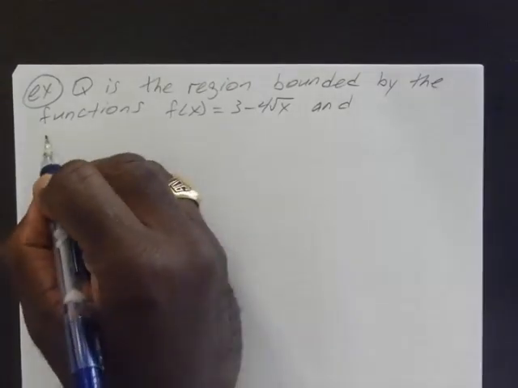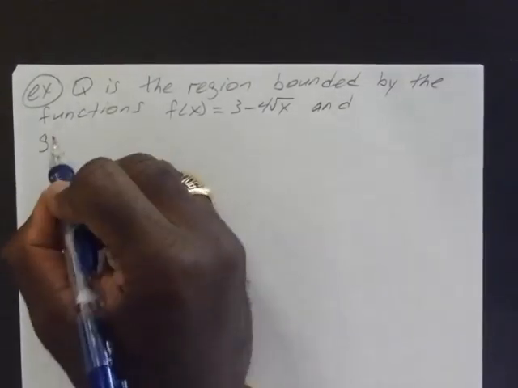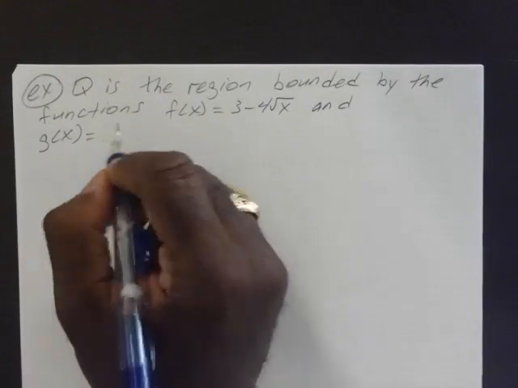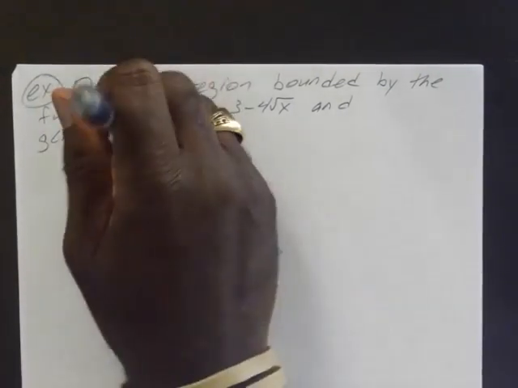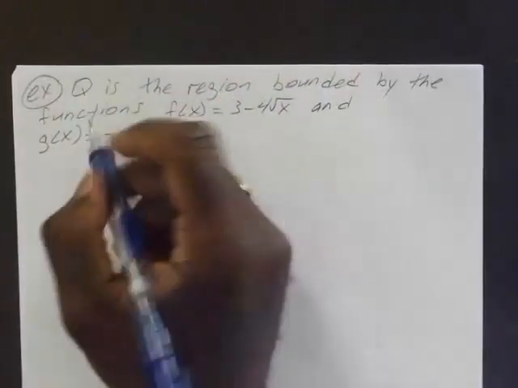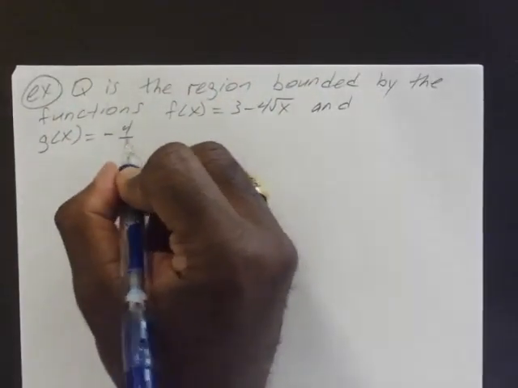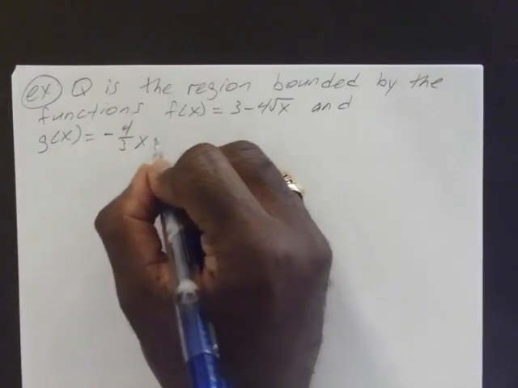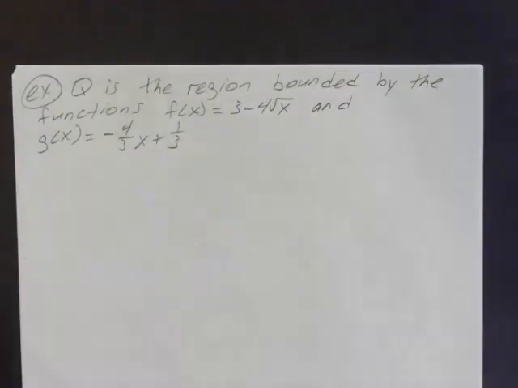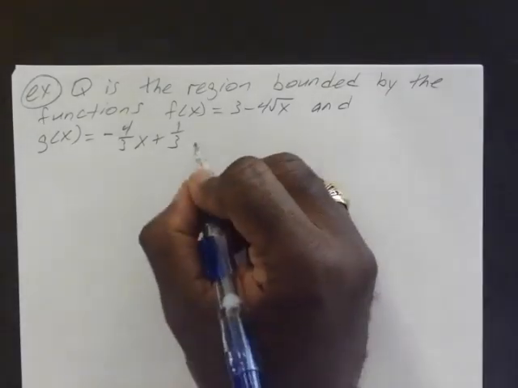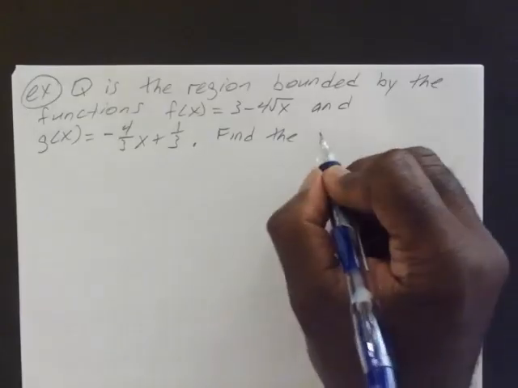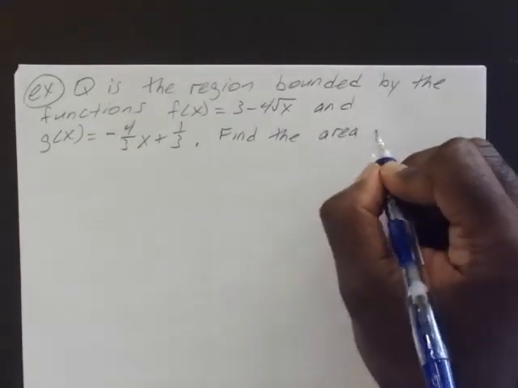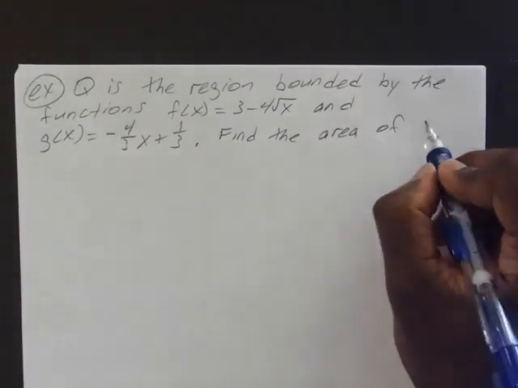And g of x, I'll put it down here, it just doesn't look like it's enough room, is negative 4/3 x plus 1/3. Find the area of that region Q.